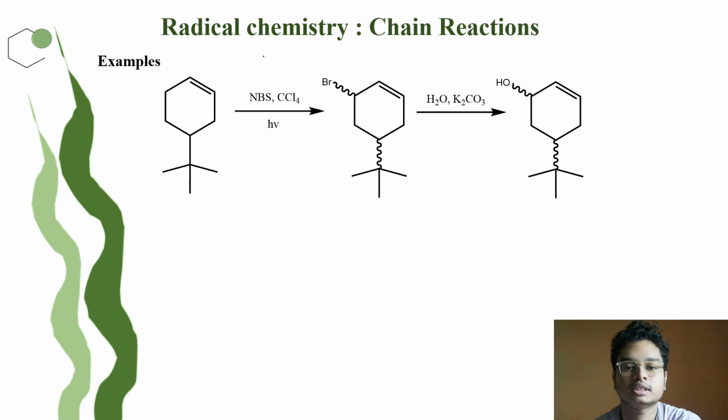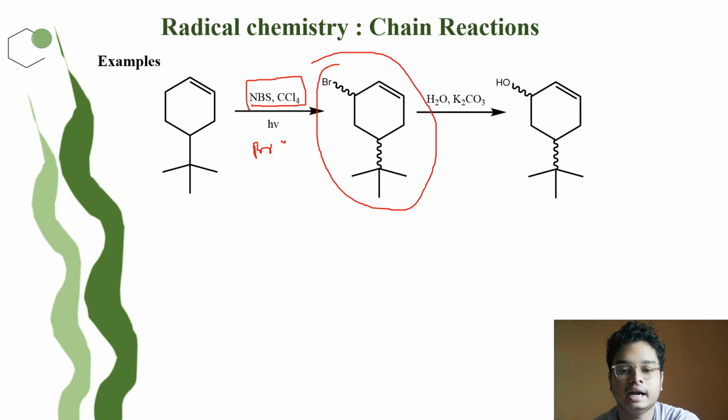So let us talk about some examples. Here in this compound, since NBS-CCl4 is present, that means a low concentration of bromine radical is present, so the allylic product becomes the major one. After treating with H2O and K2CO3, this bromine is replaced by the OH group, and this is our final product.